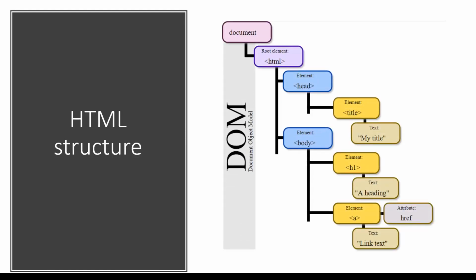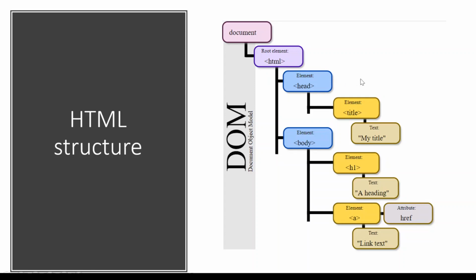Typically an HTML document would look like this. A page is called a document, and it is referred to as the DOM in the engineering world. It has a root element starting from the tag called html, and then it has branches.